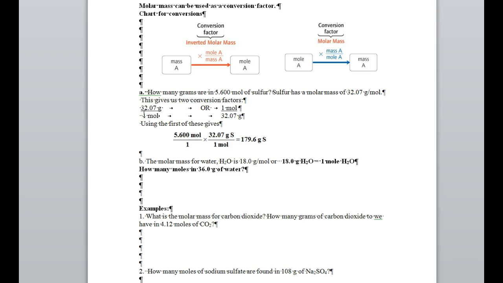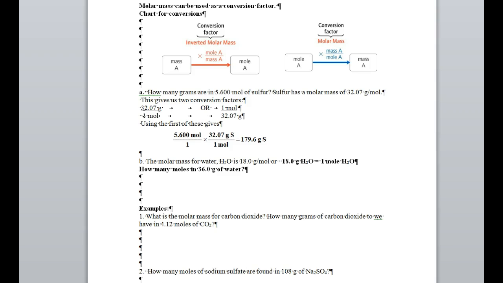So basically, they gave us 5.600 moles of sulfur. The way they started out was putting 5.6 moles over 1. And I know that I have 32.07 grams of sulfur per mole. So basically, I can multiply those across as they have here.